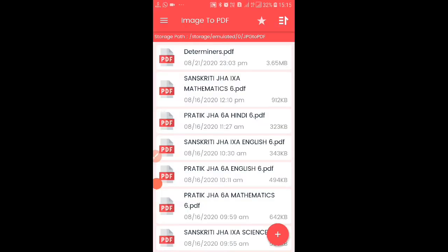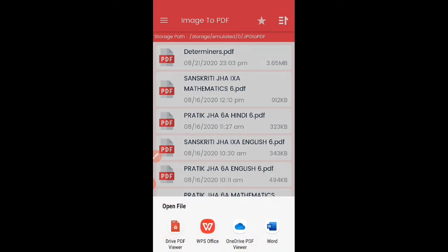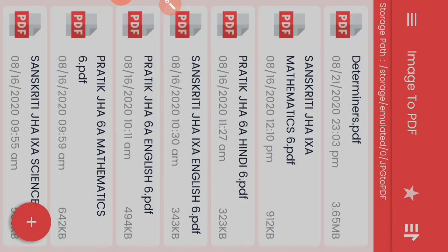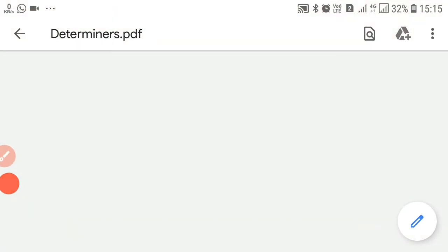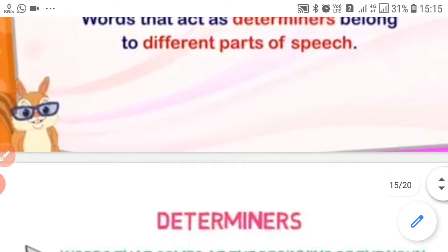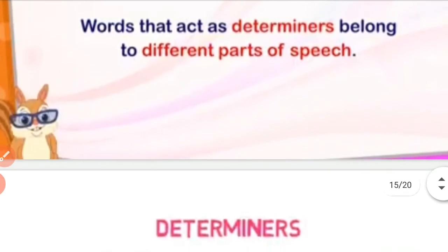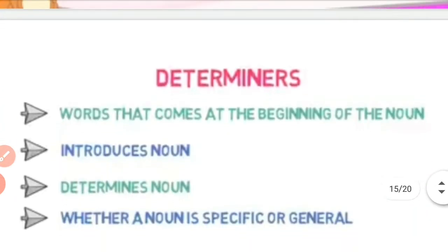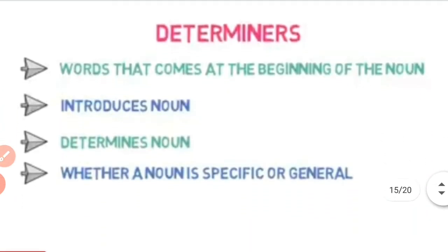They are noun, pronoun, adjective, verb, adverb, preposition, conjunction, and then interjection. So these determiners can belong to any group, any part of speech.